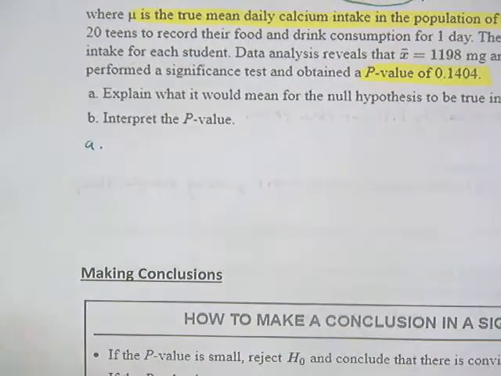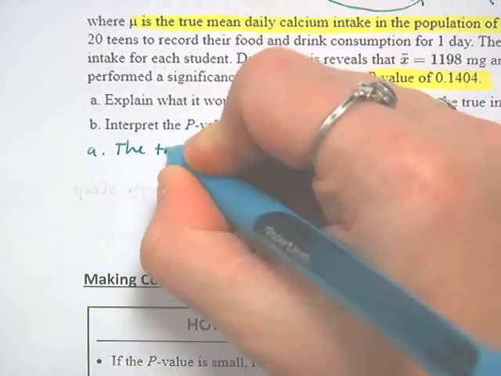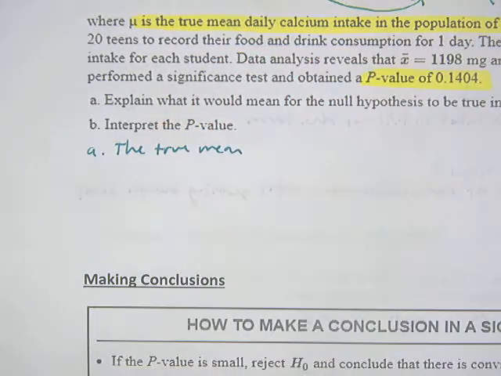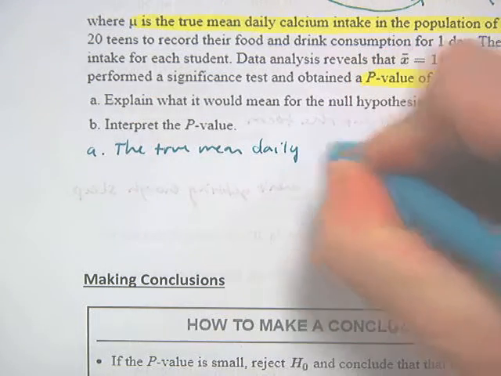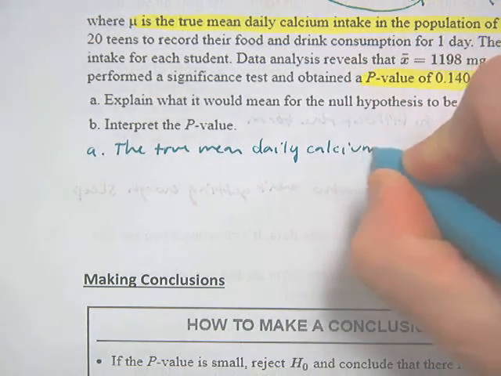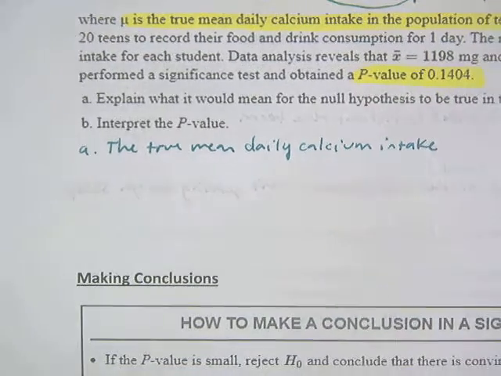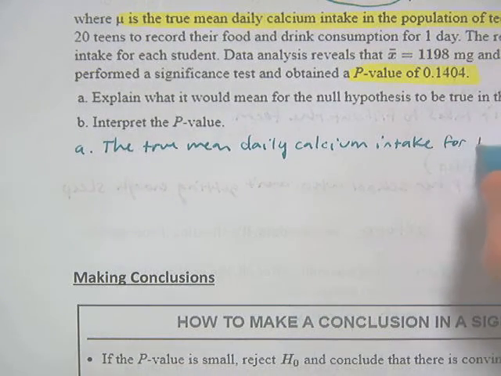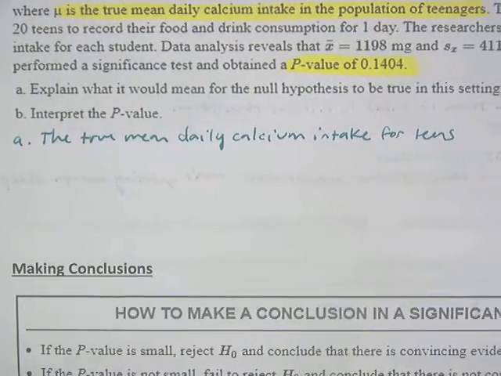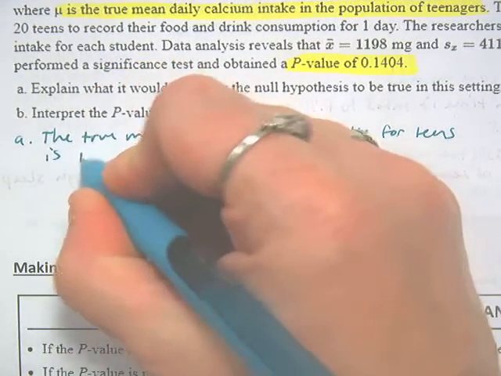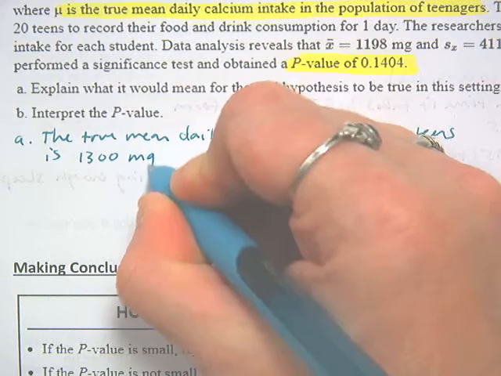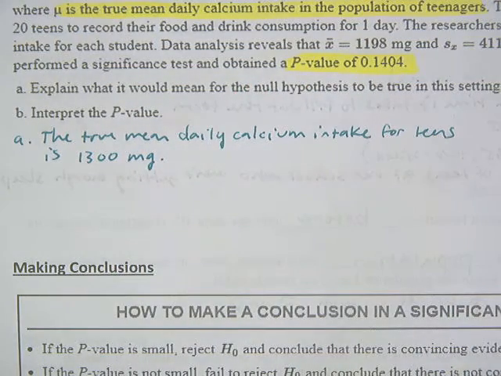So if A is true, or if the null is true, then what that means is the true mean daily calcium intake, I'm copying from the paragraph, that's what mu means, for teens is 1,300 milligrams. That's the recommended amount. So if the null hypothesis is true, teens are getting enough calcium.